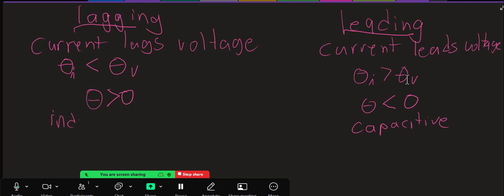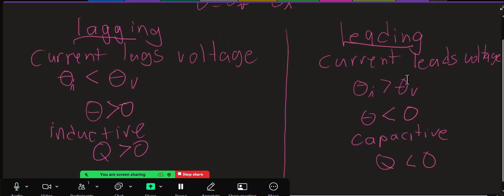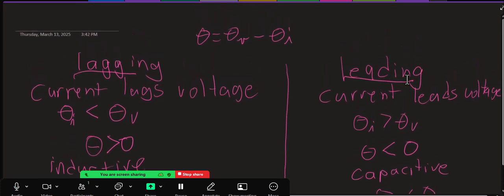Lagging is inductive. And this would give us a Q greater than 0, and this would give us a Q less than 0. Okay, so those are the characteristics for the power factor.